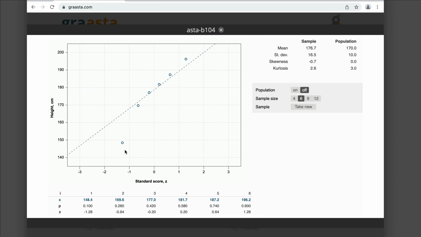Maybe this one looks a little bit like an outlier, right? The point is that this is indeed a sample that came from a normally distributed population. That's the way I wrote this app. Then you can see that every time I take a new sample, the points sometimes will be pretty close to this line, sometimes pretty far from this line. But most of the time they look, for example this one, almost ideal, right?